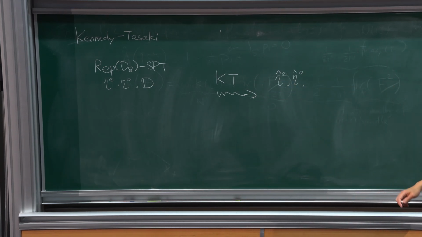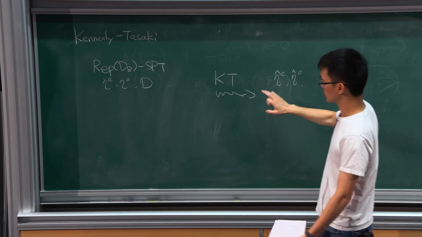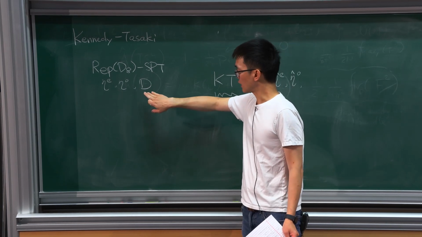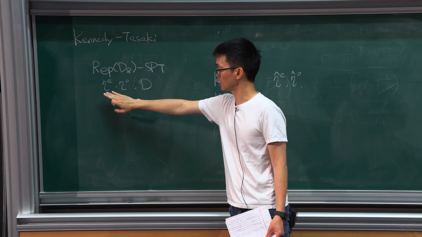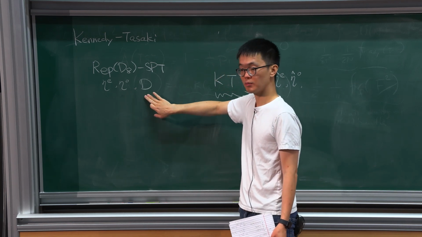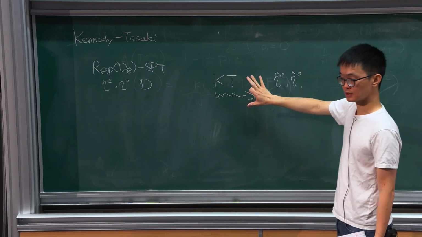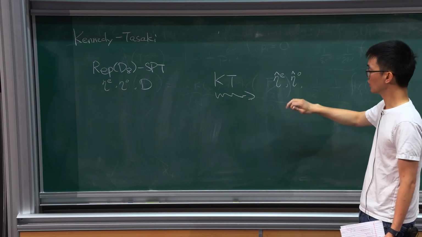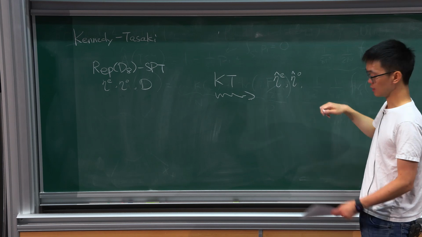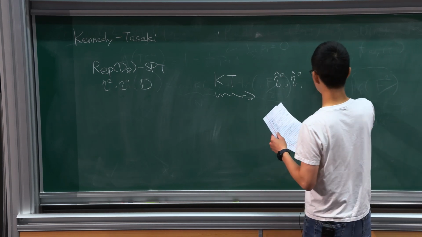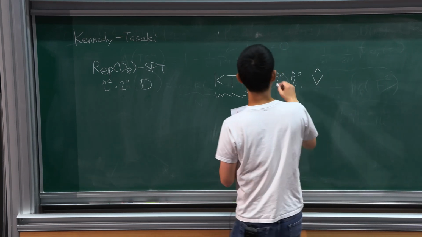That's the key question. So you can show that, which I'm going to skip, that whatever Hamiltonian you have on the left-hand side that is invariant under these three operators, after the Kennedy-Tasaki transformation will be invariant under eta hat even, eta hat odd, and a new operator V hat. Let me just write them down.